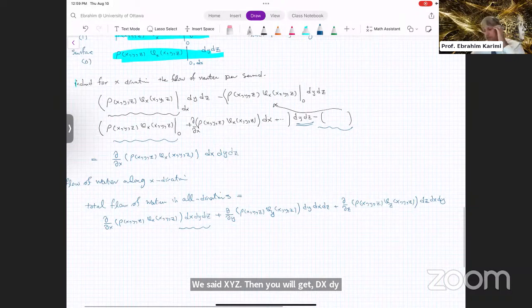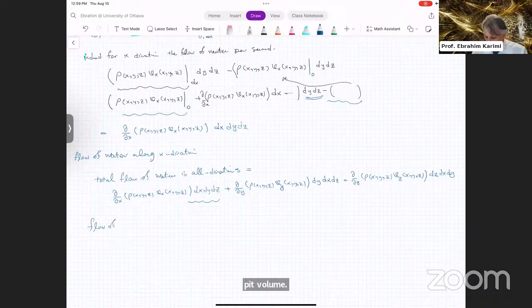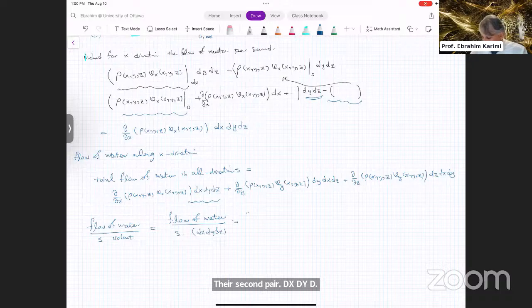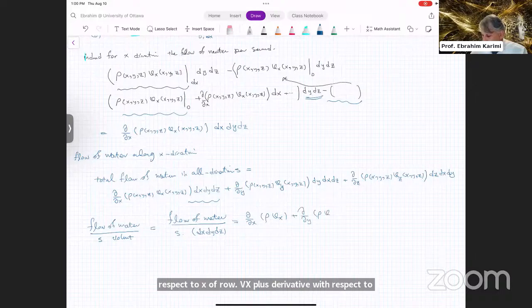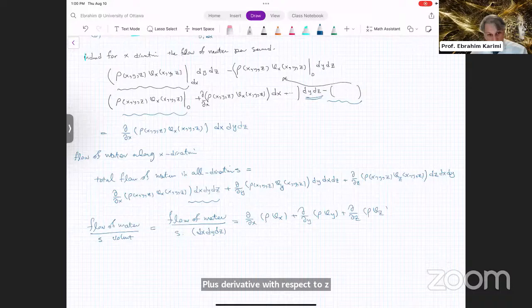So the flux of water, the flow of water per second per volume, which is again the flow of water per second per dx, dy, dz, is equal to the derivative with respect to x of rho vx plus the derivative with respect to y of rho vy plus the derivative with respect to z of rho vz.